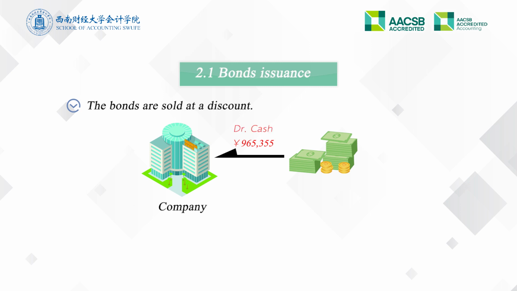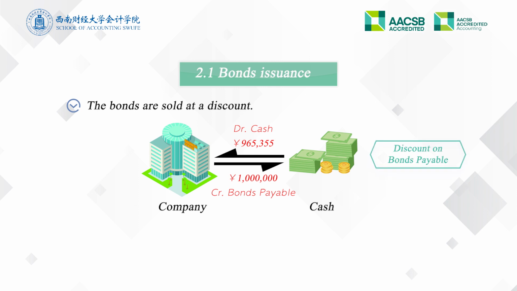Debit cash for 965,355 yuan. The company also takes on the obligation to pay back principal of 1 million yuan at maturity date. We credit bonds payable for 1 million yuan.